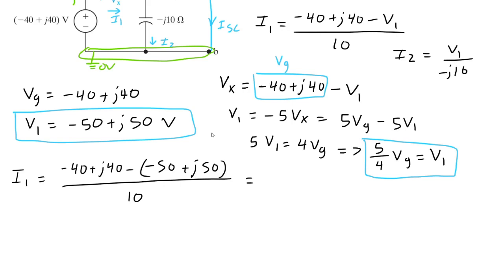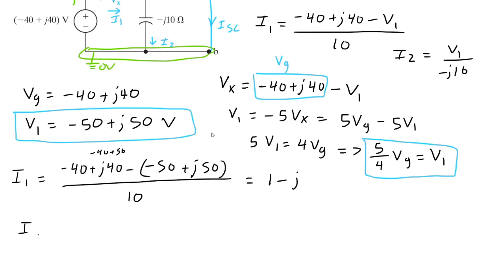This is minus 40 plus 50, and same thing both times basically. That's going to be that over 10, so 1 minus j.